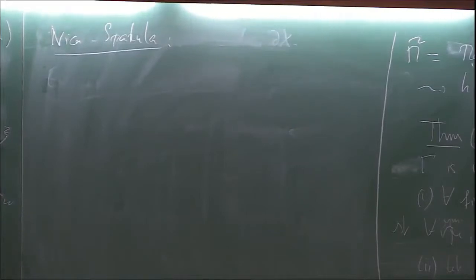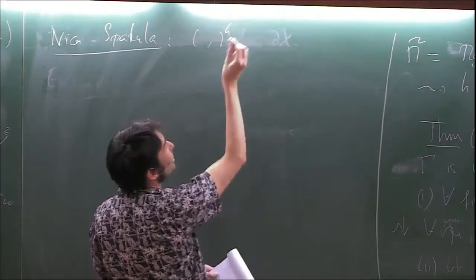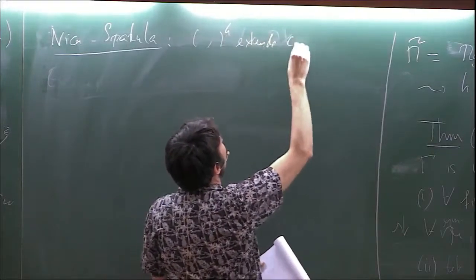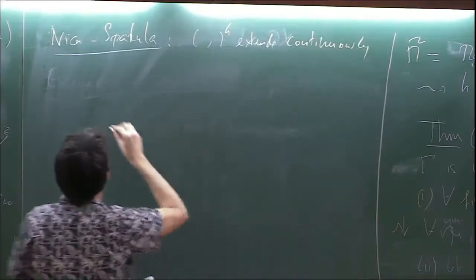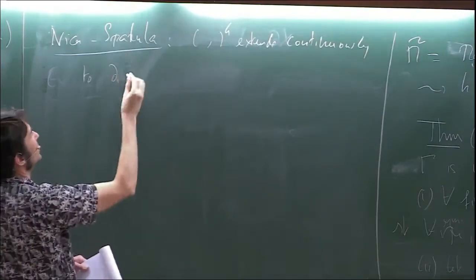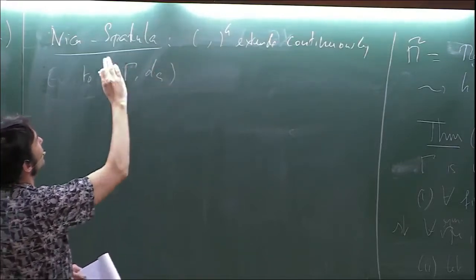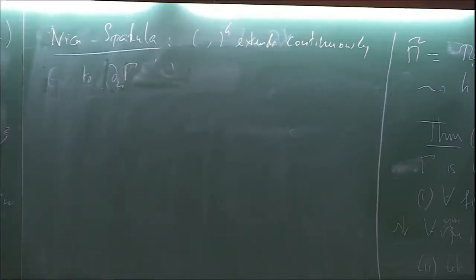What I prove is that under this assumption, thanks to the work of these people, the Gromov product in the Green metric extends continuously to the boundary of Gamma, the Green boundary, well, we don't care because they are the same, the Gromov boundary of Gamma.